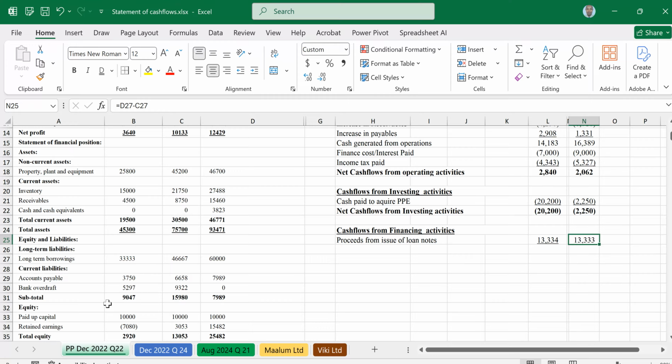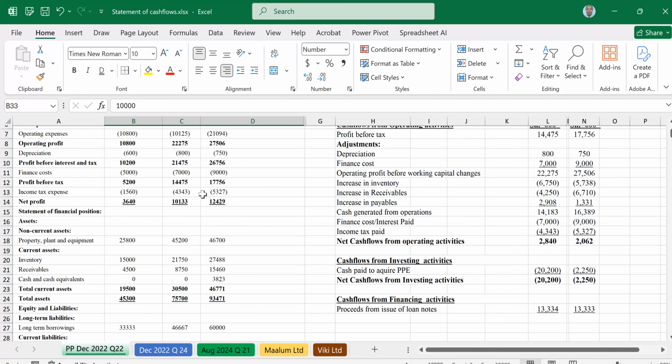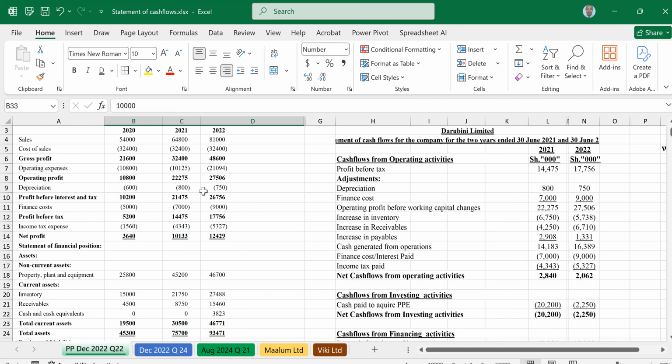Now look at share capital. It's not changing. So there is no issue of shares. Then let us test retained earnings to see if there is dividend. We also want to check if there is dividend or there is no dividend.